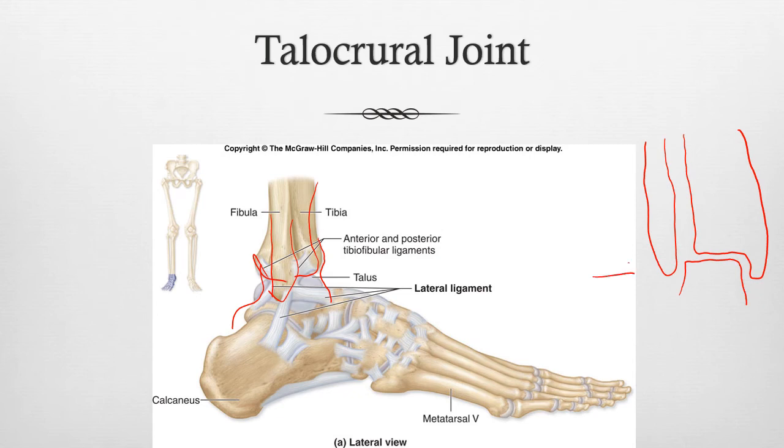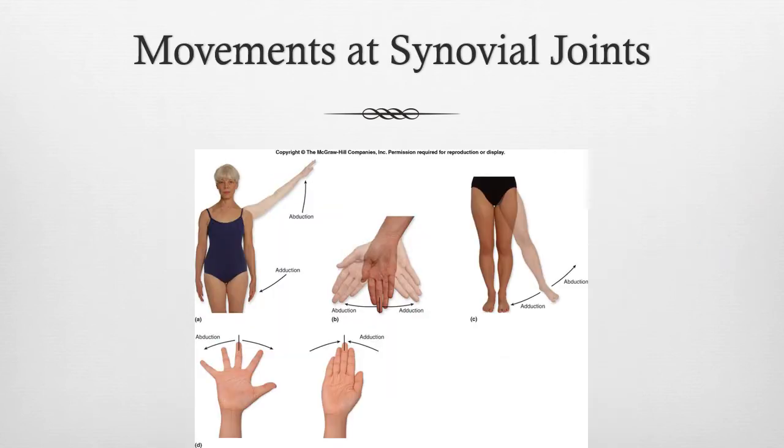And so the fibula is pushing in this way, the tibia is pushing in this way, and it kind of grabs onto that talus down in the ankle joint itself. And so it kind of grabs onto that as it sits there and allows us to have that motion that we're going to have in the ankle itself.